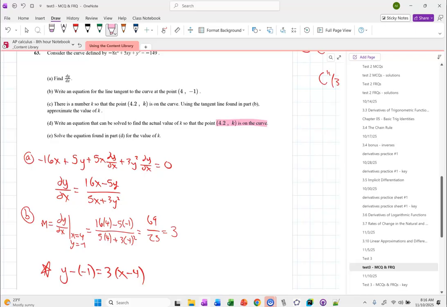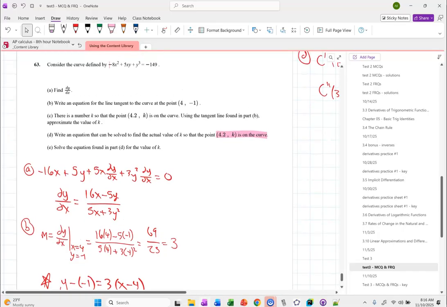It's on the curve. What is the equation for the curve? It's the original, right? When we talk about the curve, that's the curve we're talking about. So to solve for k, what am I going to do? Plug 4.2 in for x and k in for y, right? That ought to do it.